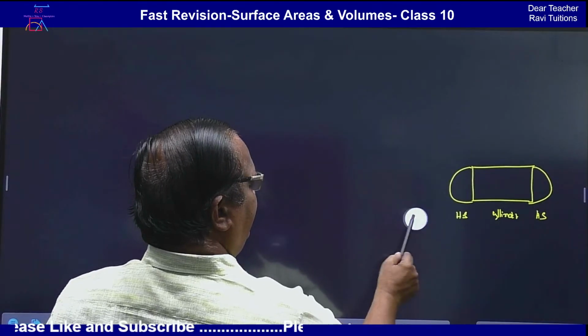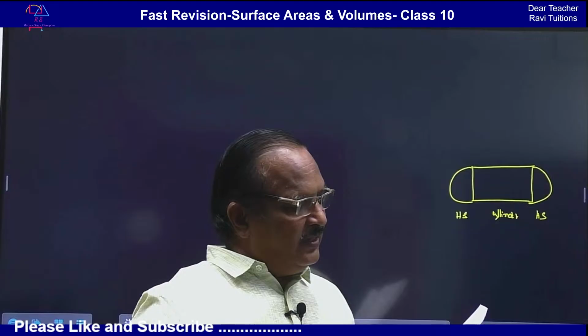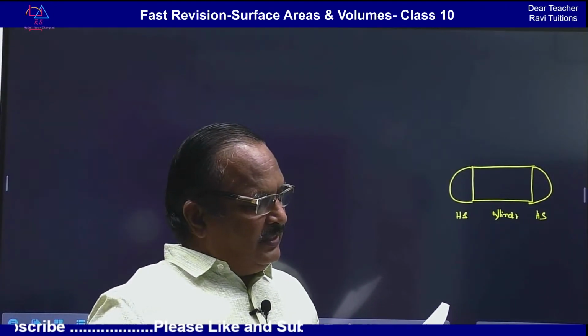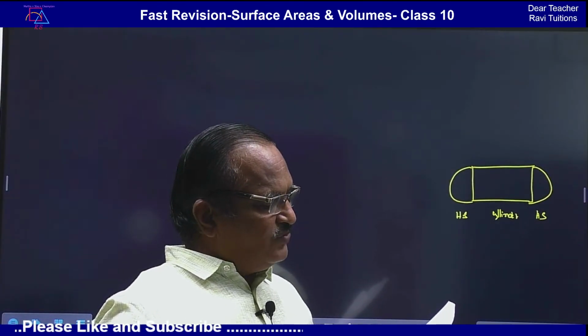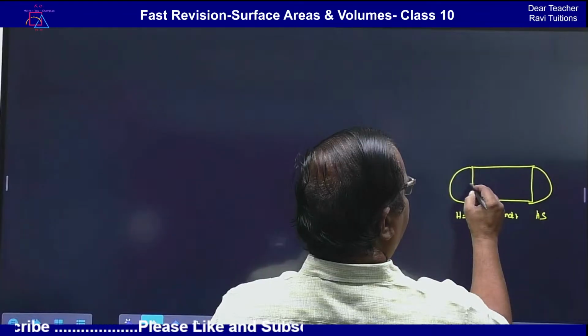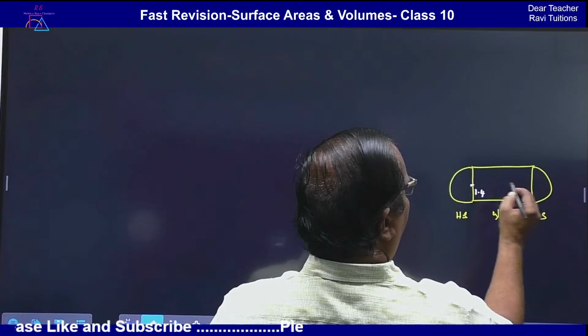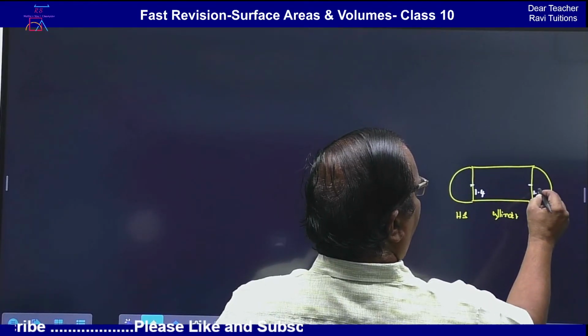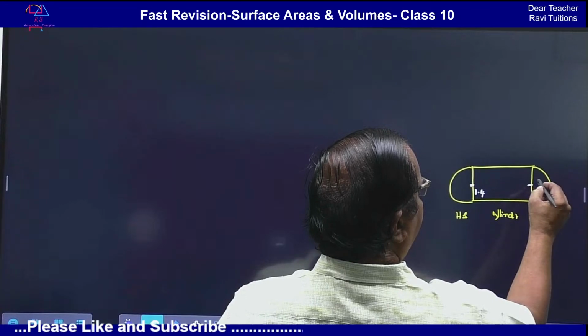Let me give the data under the figure. Length is 5 centimeters, diameter is 2.8, which means radius is 1.4. We are worried about only radius.